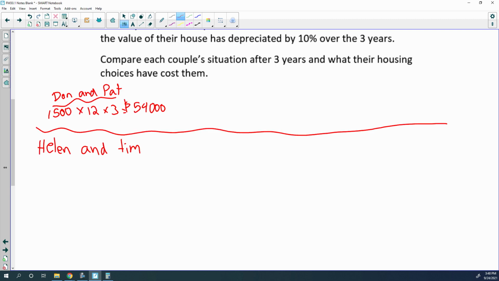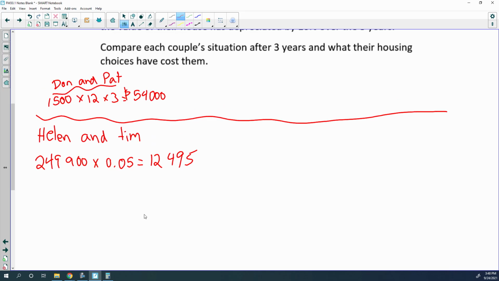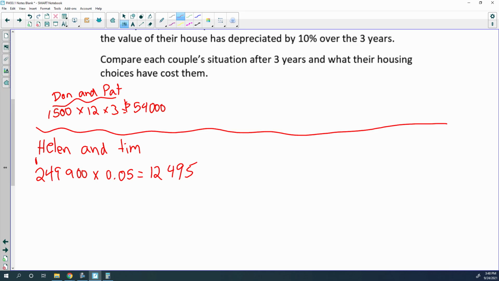So I'm going to take the $249,900 times it by the 0.05. And so that works out to be $12,495. So they're going to pay $12,495 up front. So then that'll be the down payment.